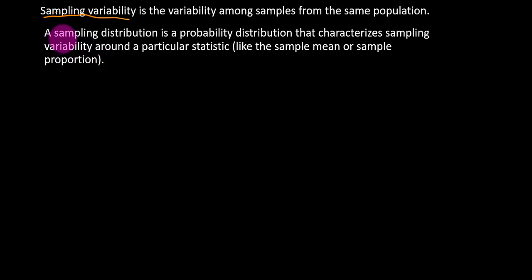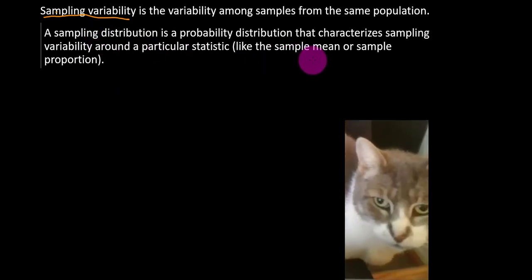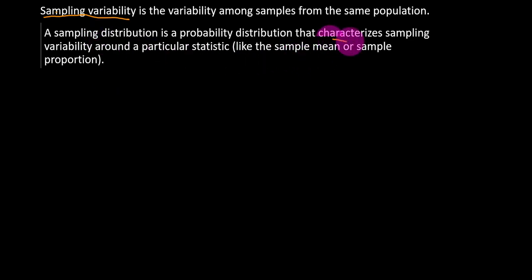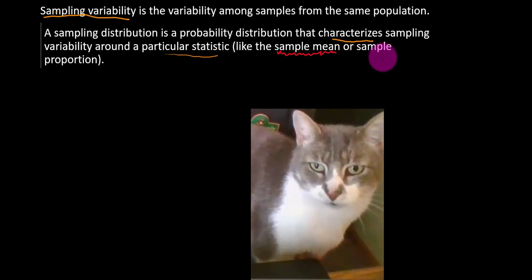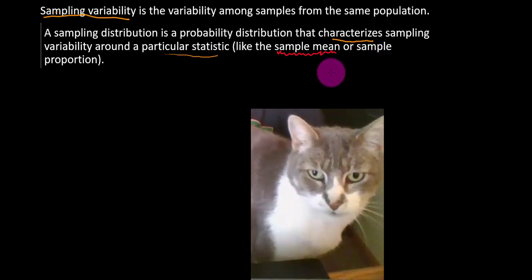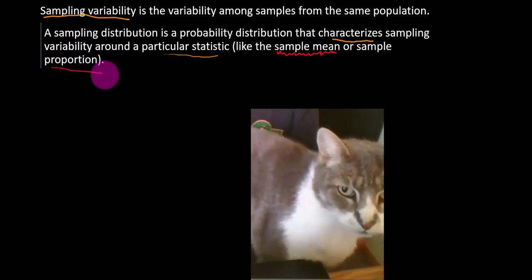And so a sampling distribution is going to characterize that variability, and it's going to do so with a particular statistic in mind. For us, at the moment, we're going to focus on the sample mean, but in due time, we will also look at another statistic, called the proportion.